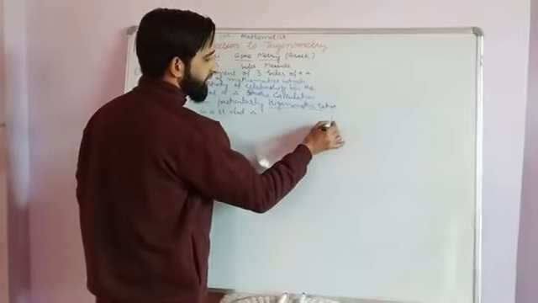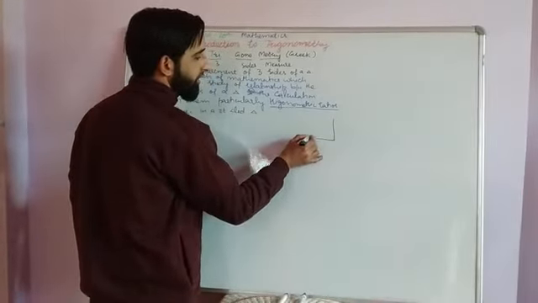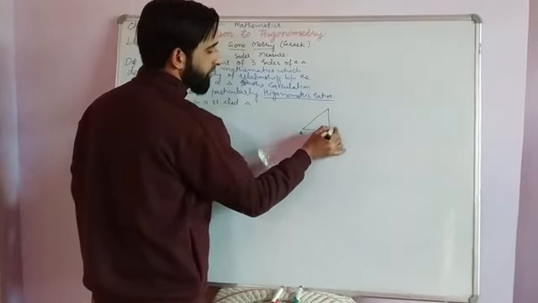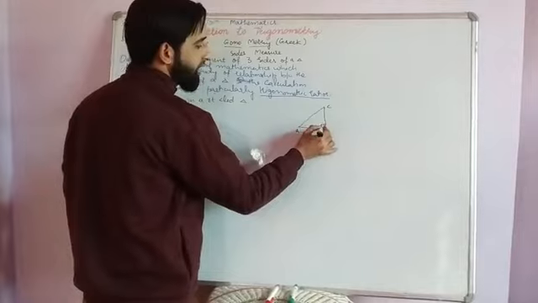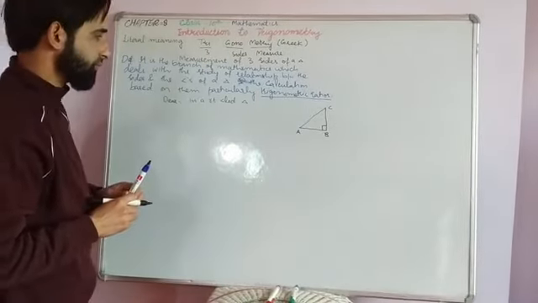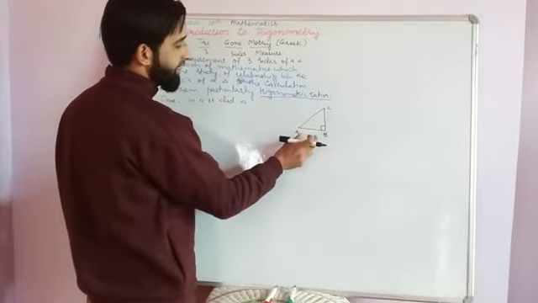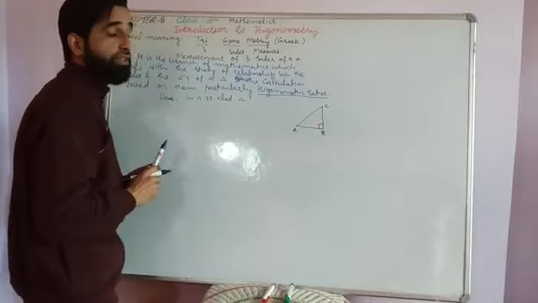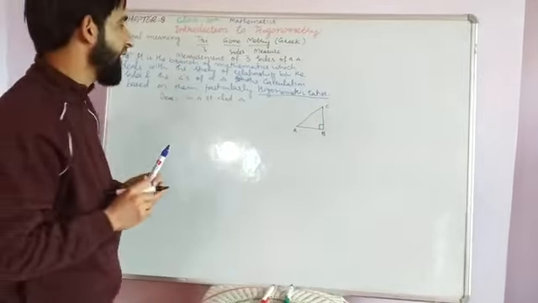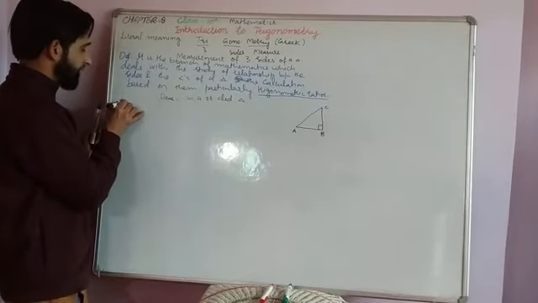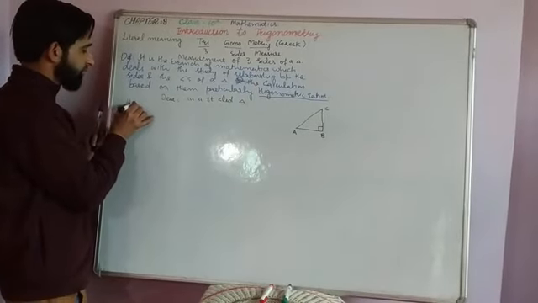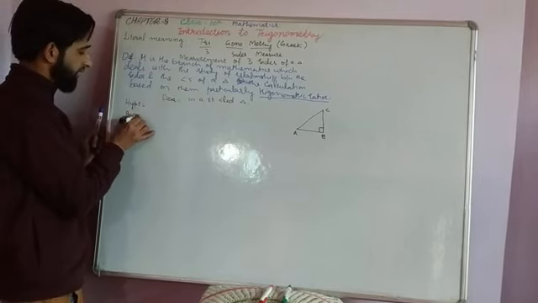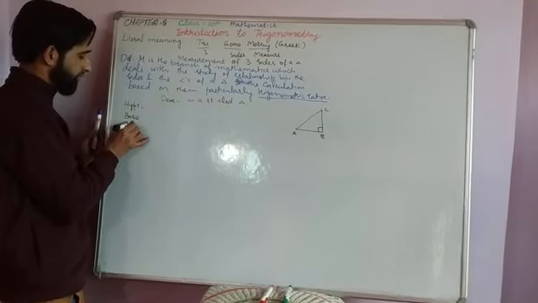Let's take the example of a right triangle ABC, right angled at angle B. A right triangle has three sides, AB, BC, AC. But these three sides have their particular names: one is known as the hypotenuse, another is the base, and the third is the perpendicular.